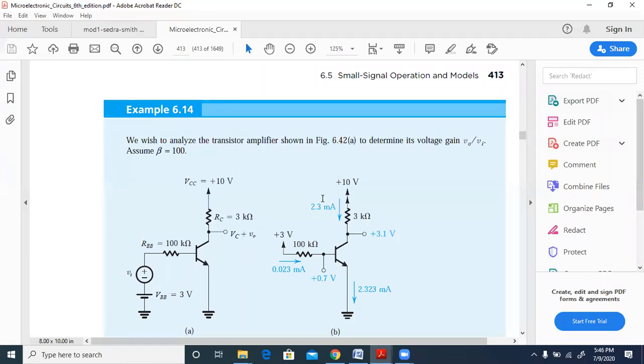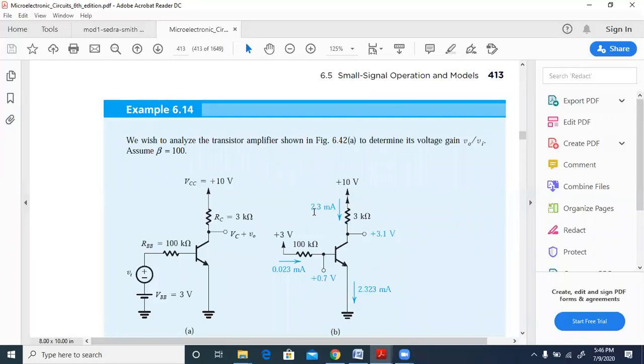Having got this as 2.3 milliamperes, we can find the voltage here. And the voltage here will be 10 volts minus 2.3 milliamperes into 3 kilo ohms. So 10 volts minus the drop voltage across the 3 kilo ohms. Voltage across the 3 kilo ohms is 3 kilo ohms into 2.3.